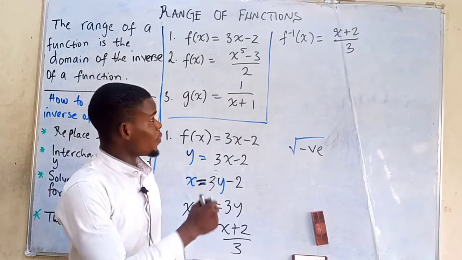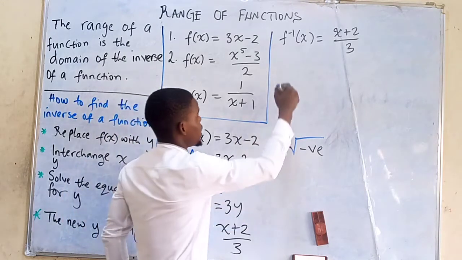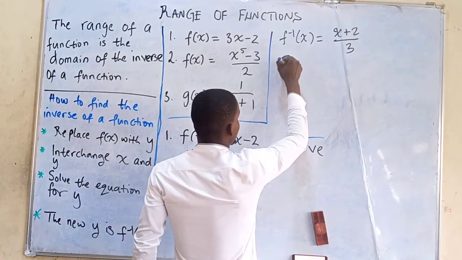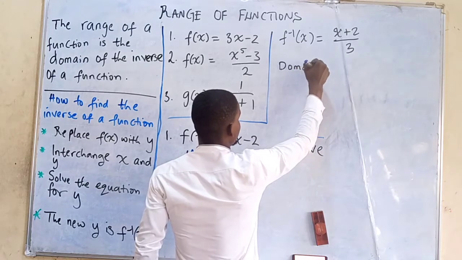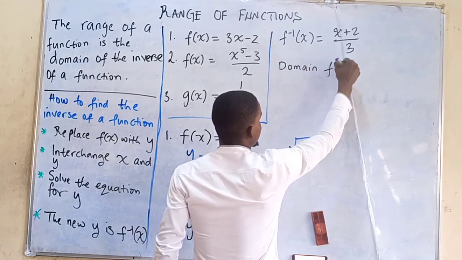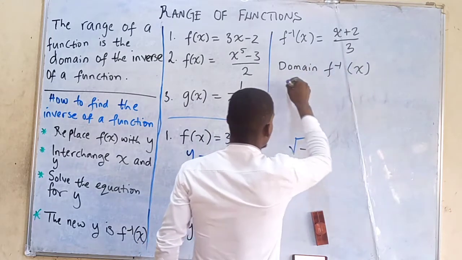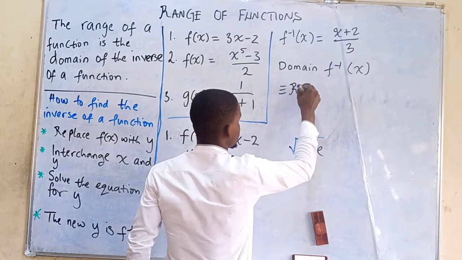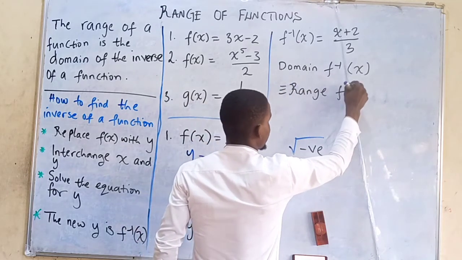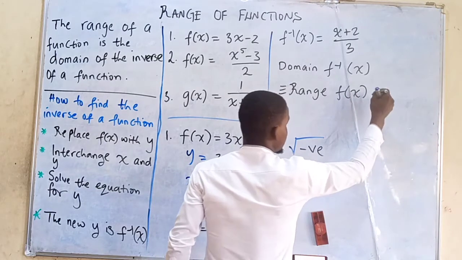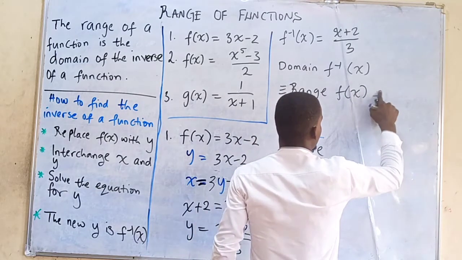Great. So the domain of that inverse, which is actually the range of that function, domain of f inverse of x, which is the same thing as the range of f of x, is going to be the set. Okay, let me put it down here.